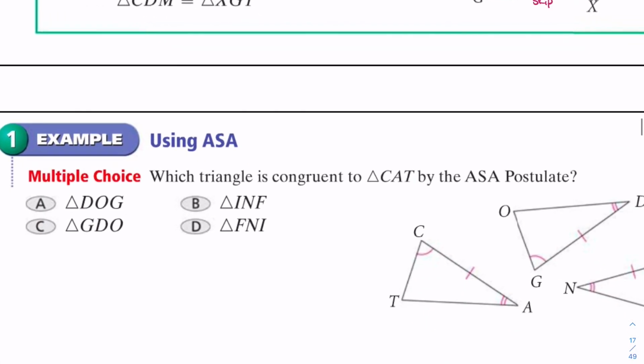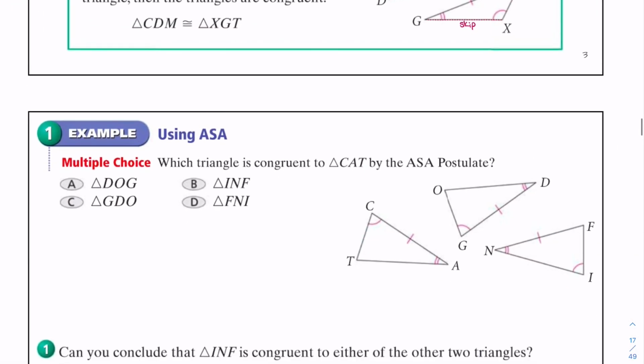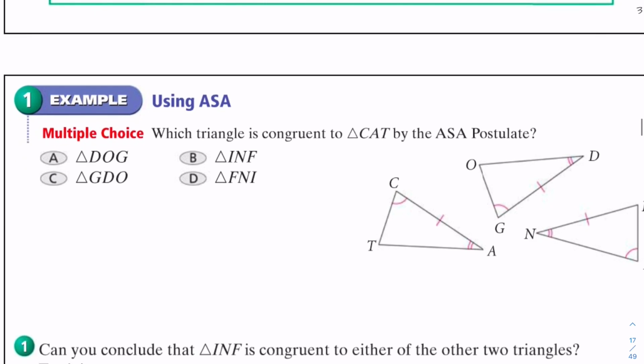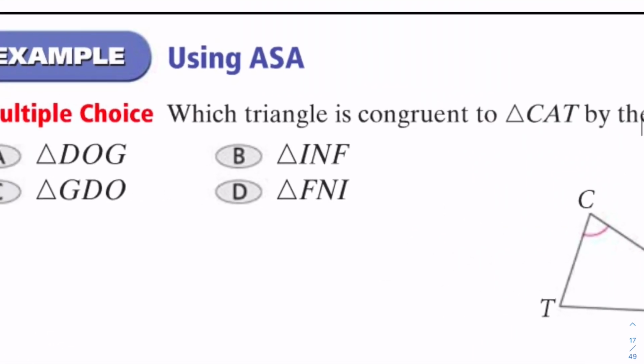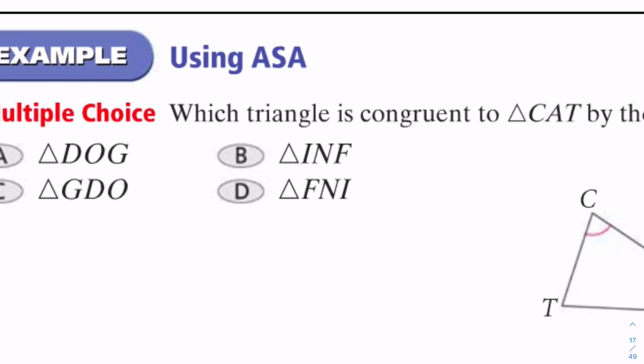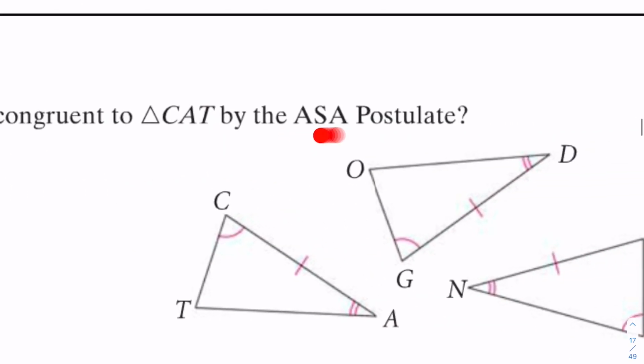So let's do some actual examples. This first one, which one is congruent? They give you 3 triangles. Oh wait, it says using angle side angle. I'm sorry. So using angle side angle, which is CAT congruent to? So triangle CAT, here's our angle, our side, and our angle.